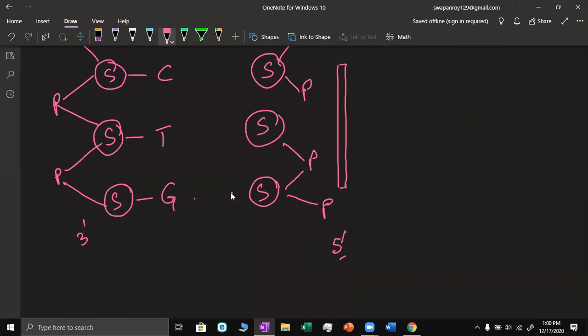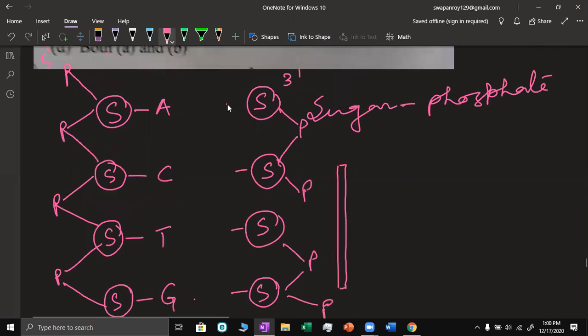And here A will be with T, C will be with G. C will be with G, T will be with A, and here again C.